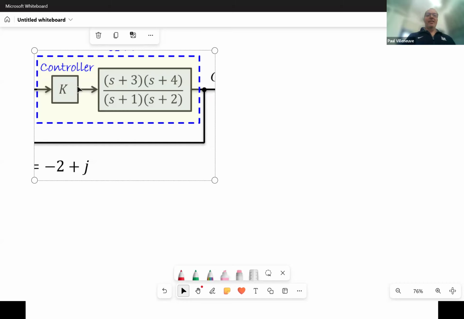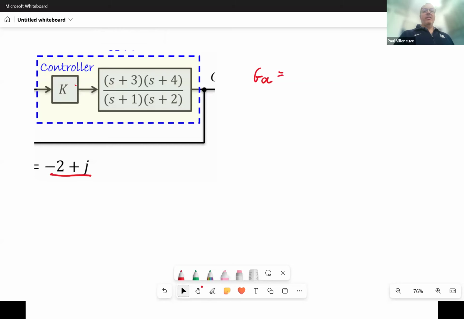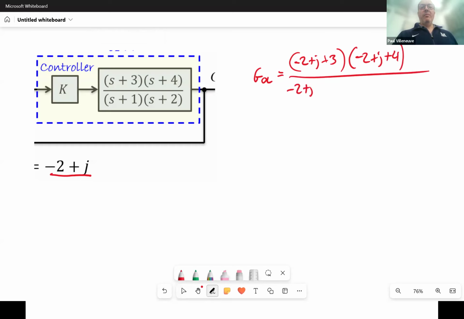All right. So we're doing the open loop transfer function, right? We want to see what that's going to be equal to at that root. So -2 plus j plus 3, that's the first one, times -2 plus j plus 4. Second one, -2 plus j plus 1, -2 plus j plus 2.